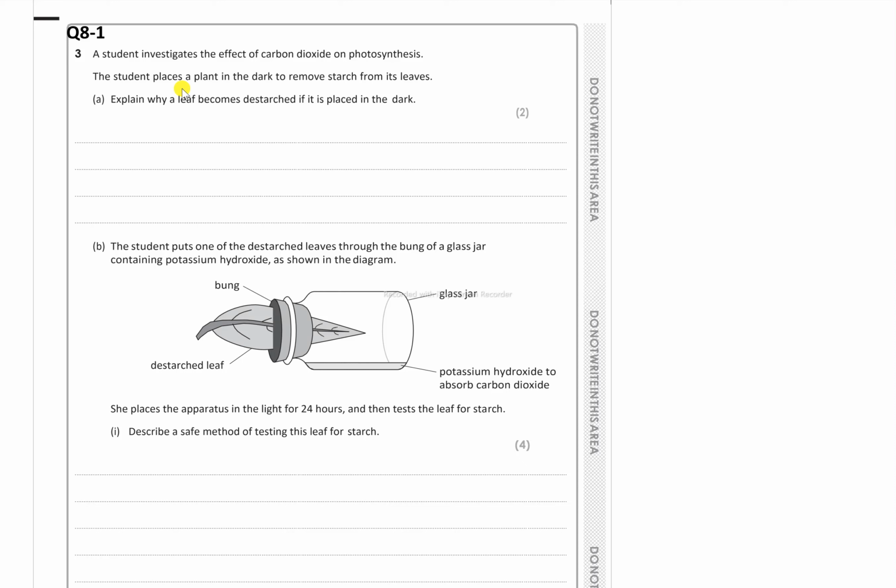Okay, so a student investigates the effect of carbon dioxide on photosynthesis. Student places a plant in the dark to remove the starch. Explain why a leaf becomes destarched.